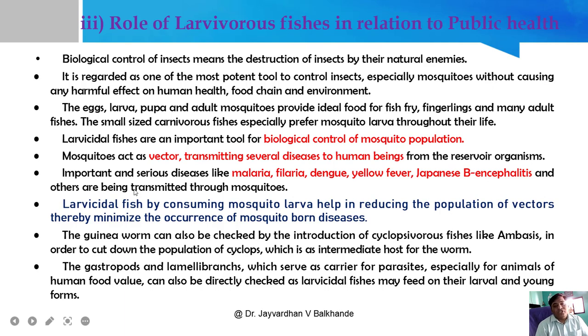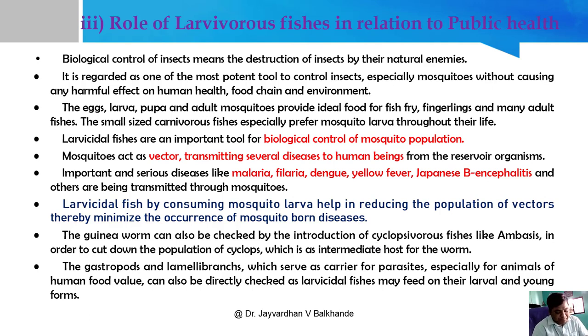We know mosquitoes act as vectors, transmitting several diseases to human beings from reservoir organisms. Important and serious diseases we know are malaria, filaria, dengue, yellow fever, Japanese encephalitis, and others, which are transmitted through mosquitoes.